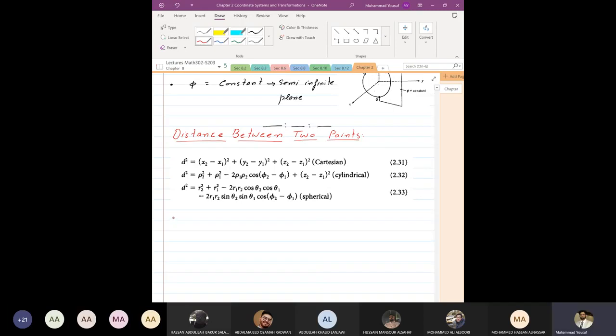It's not very difficult. Now, this is the example 2.3.